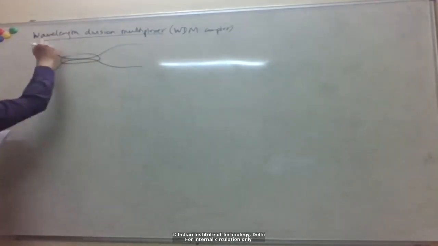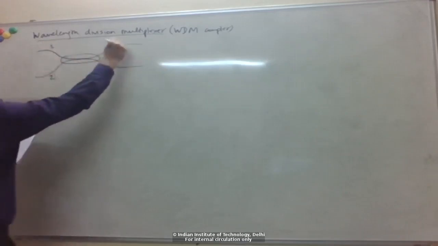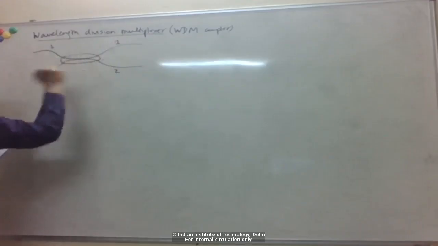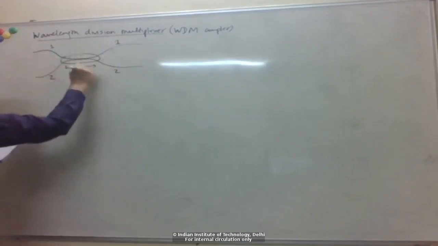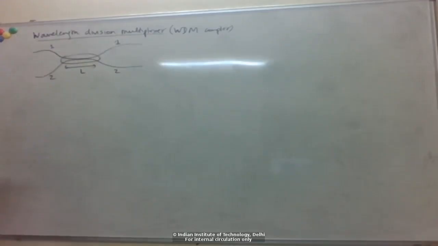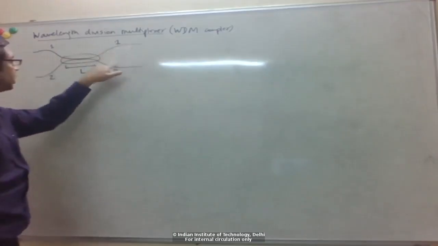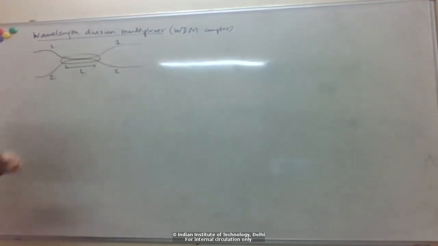So recall, there were two input ports, 1 and 2, and output ports, and there was this coupling region here of some length L. Last time we saw, for example, if you send some power in port 1, depending on the parameters here, some fraction of the power comes out here and the remaining fraction comes out here, and that was for a particular wavelength.